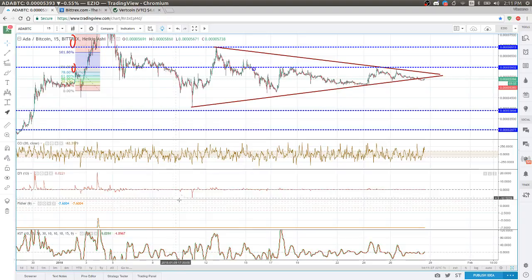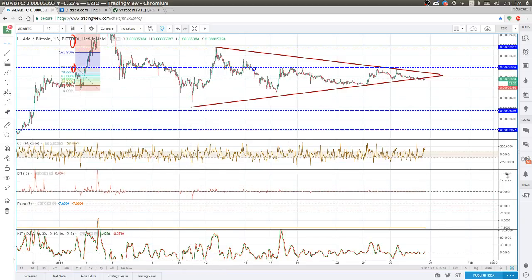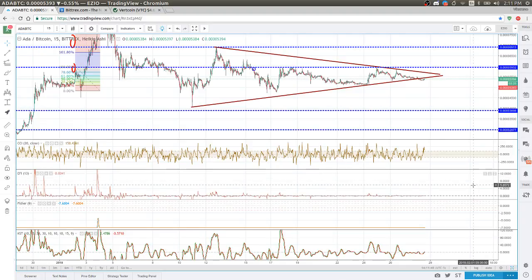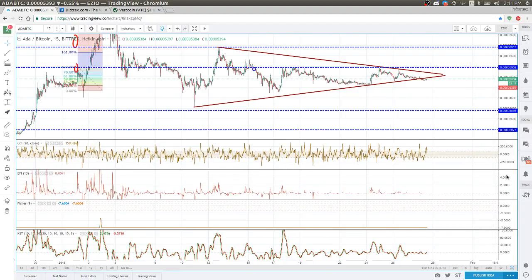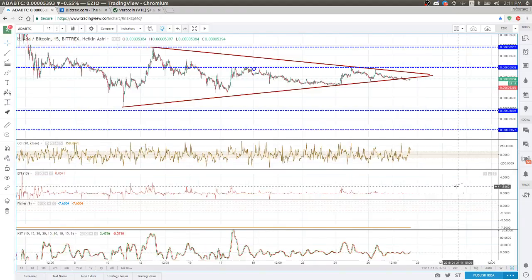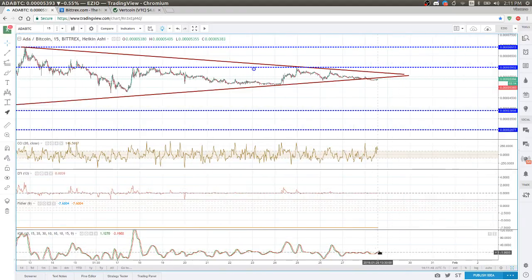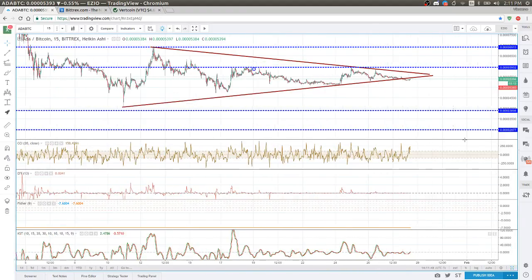Spike there. See, when it's very low, it's a good buy every time on this indicator. Right there was a good buy. Right there was a good buy. And then when the chart goes up, this thing is going up a little bit. Let me check my indicators.